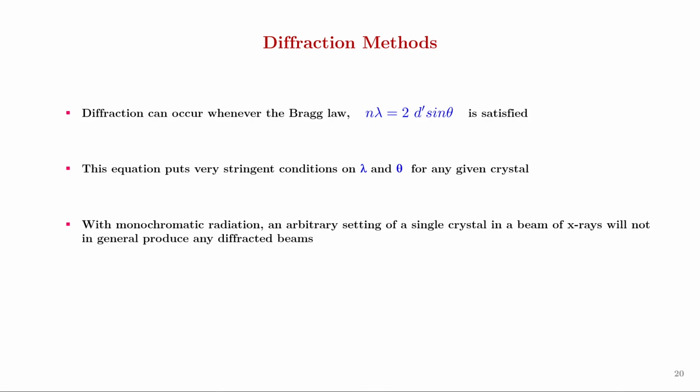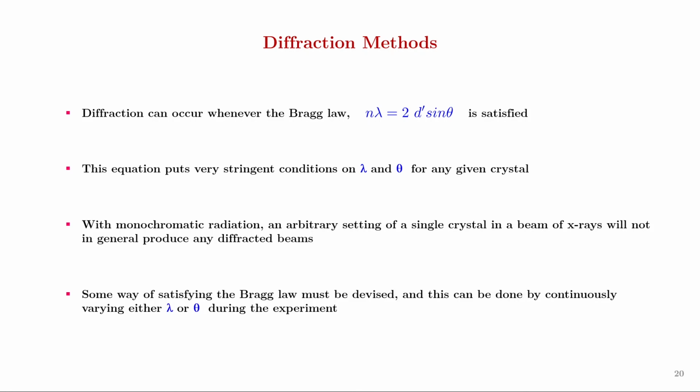With monochromatic radiation, an arbitrary setting of a single crystal in a beam of X-rays will not, in general, produce any diffracted beams. Some way of satisfying the Bragg law must be devised, and this can be done by continuously varying either lambda or theta during the experiment.